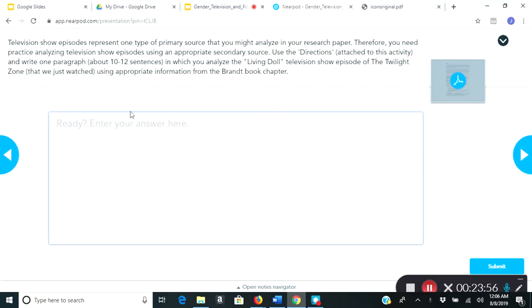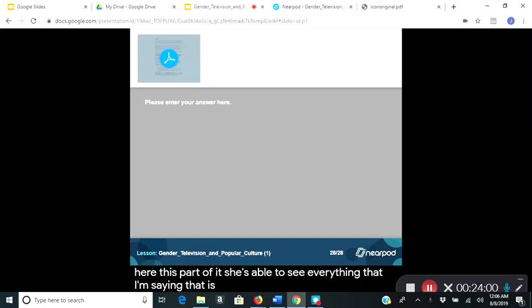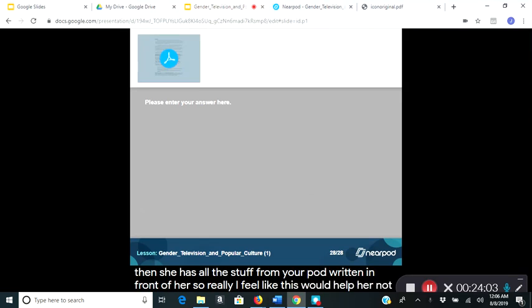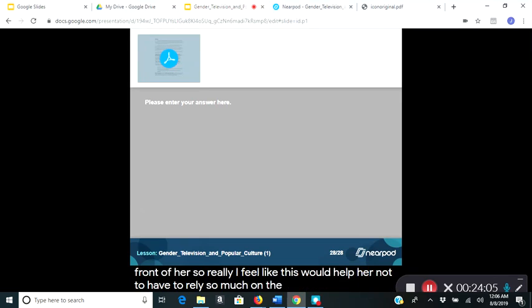And then she has all the stuff from Nearpod written in front of her. So I feel like this would help her not to have to rely so much on the interpreters, because of the way that I've adapted the materials to help her with the specific learning goals or skills for this particular lesson or class session.